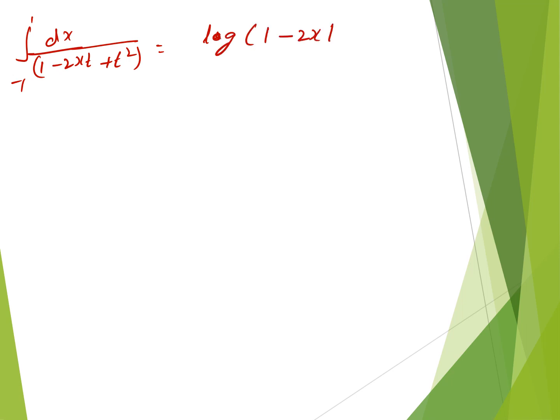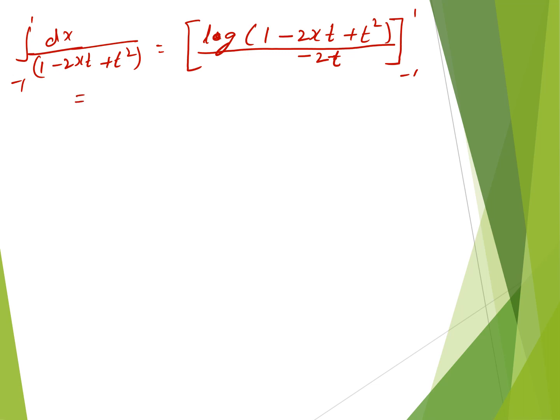Now for calculating the left side, integration minus 1 to 1 dx over 1 minus 2xt plus t square is equal to log(1 minus 2xt plus t square) upon minus 2t for the limit minus 1 to plus 1.